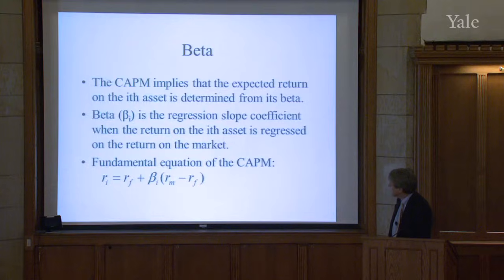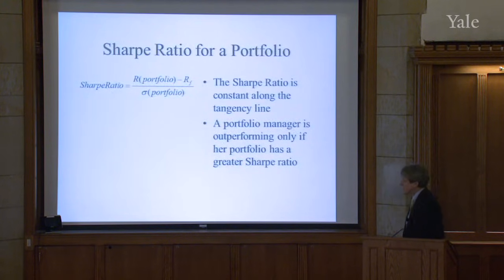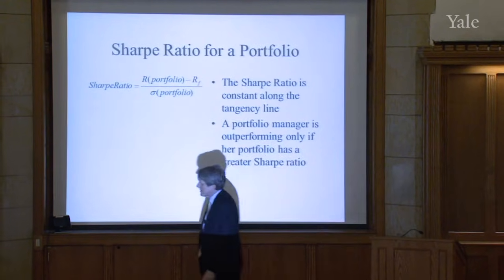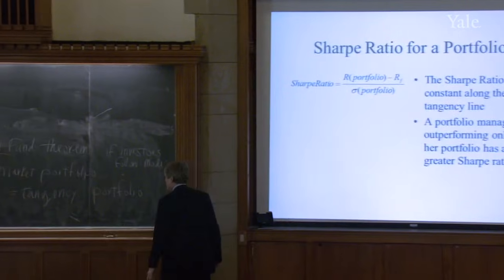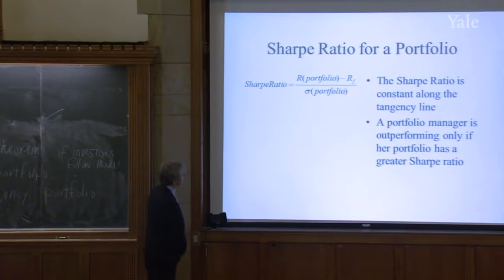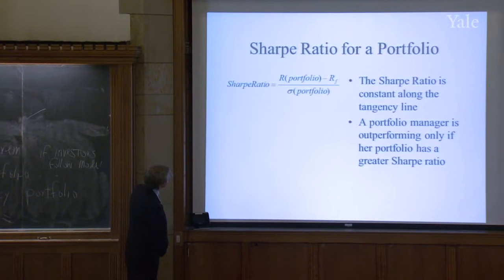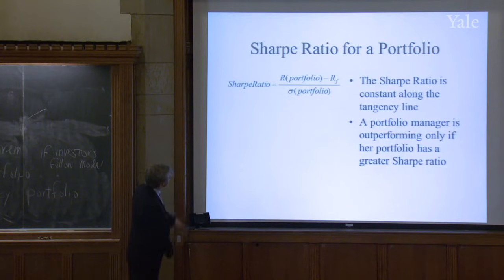I have just one more slide here. It's named after William Sharpe, who is the inventor, with Lintner, of the capital asset pricing model. The Sharpe ratio is, for any portfolio, the average return on the portfolio minus the risk-free rate divided by the standard deviation of the portfolio.